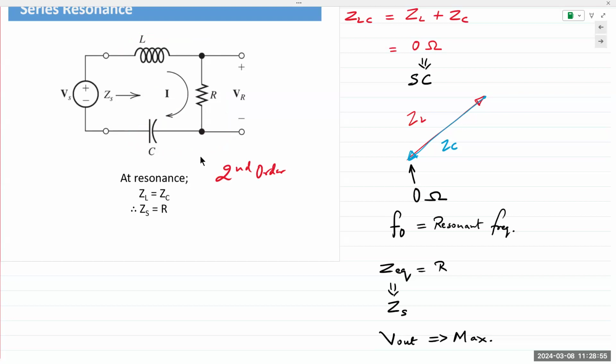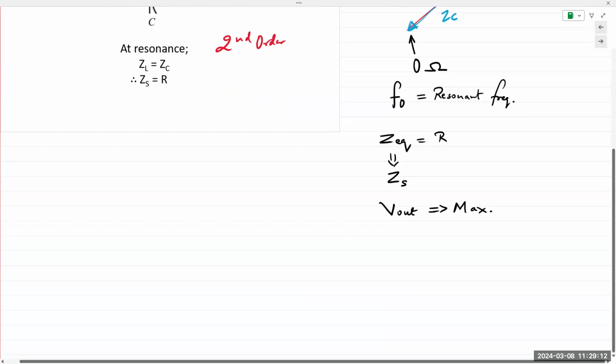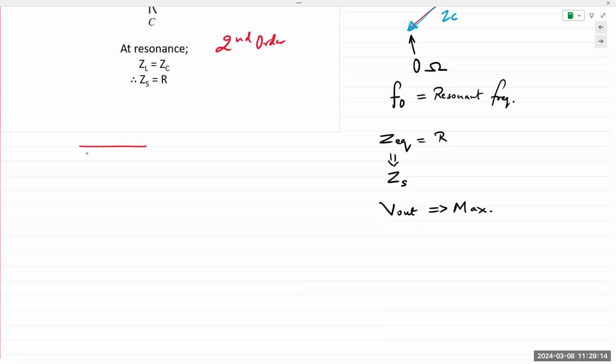So here, if you notice, it's a series connection of R, L, and C. And we take the output across the resistor. Let's say the inductor was not present in the circuit, right? So I can draw the circuit like this.